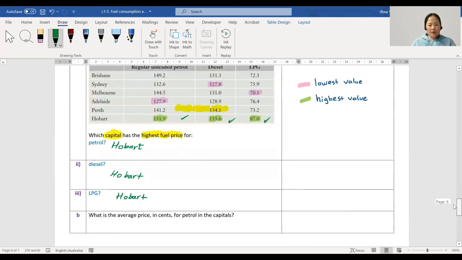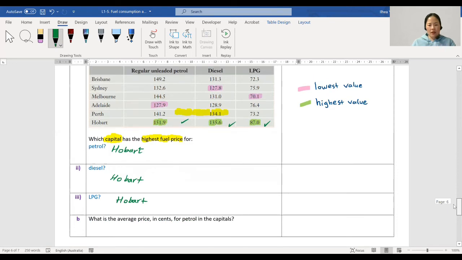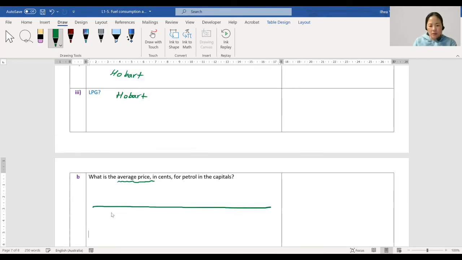Okay, what is the average price in cents for petrol in the capitals? Average. How do you find the average, guys? Plus them all together and then divide by how many there are. Excellent, good job. So the average price will be, how many were there? 6 capitals, 149.2 plus 132.6 plus 144.5 plus 127.9 plus 141.2 plus 151.9.